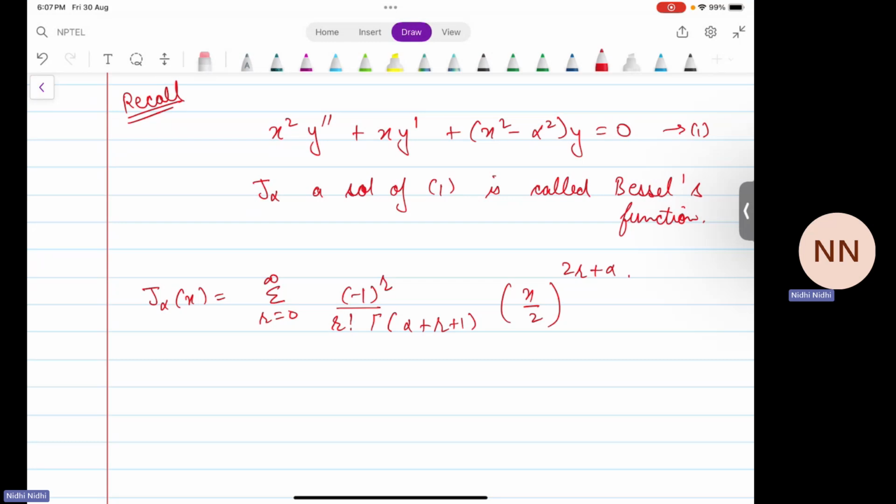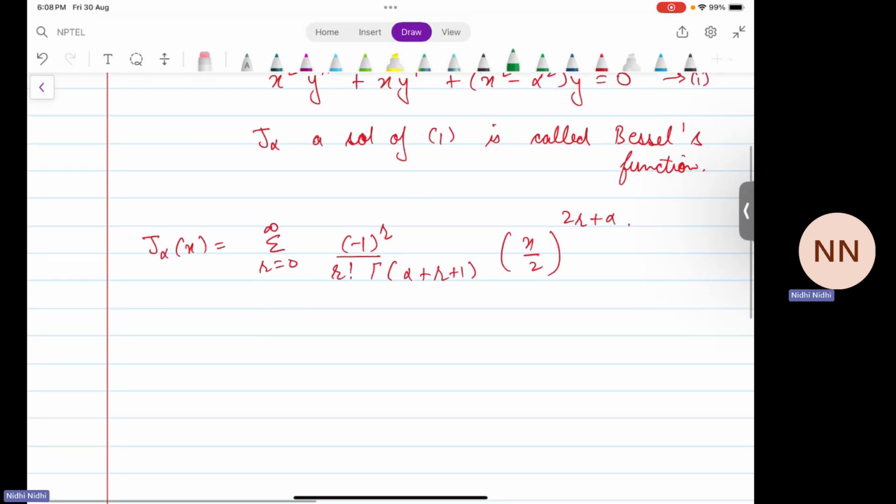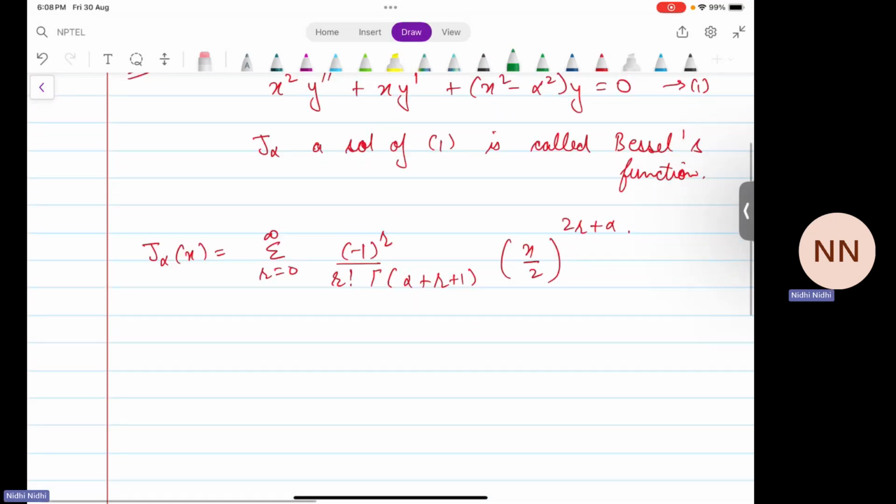Then we have some basic properties of the Bessel's function that we'll be using to solve today's tutorial questions.